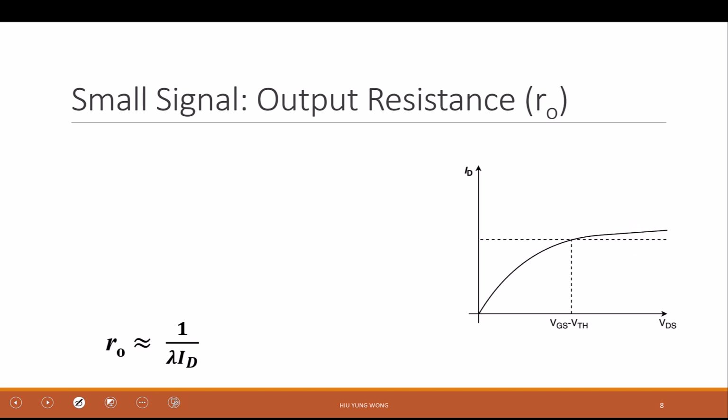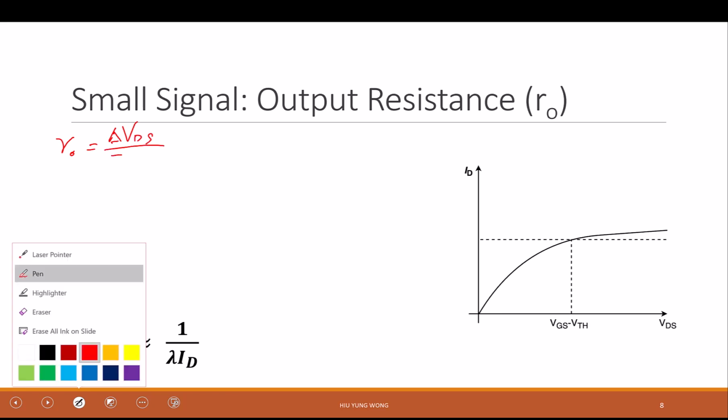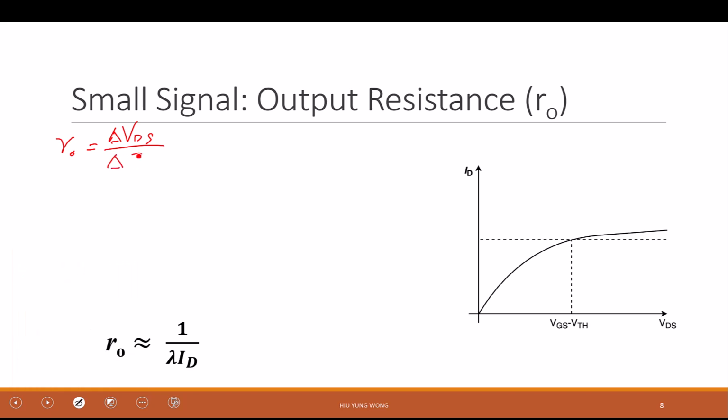By definition, R0, we already discussed, is about if I give a certain VDS change, how much is the change of IDS, right? Is this okay? Just very straightforward. I give you a resistor, find the resistance, add a voltage, and then find the current change. That is the resistance, right?